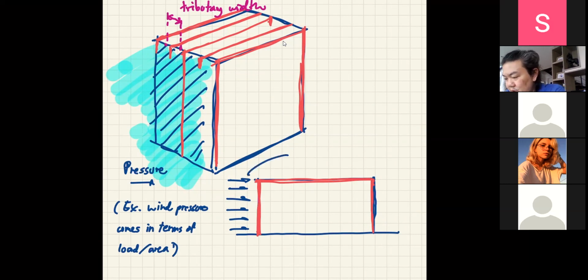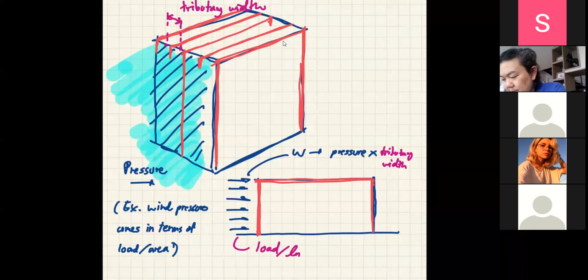So this one is going to be W, which comes from the pressure multiplied by the tributary width. So if it's a two-dimensional problem, this should be in terms of load per length, or W, right?